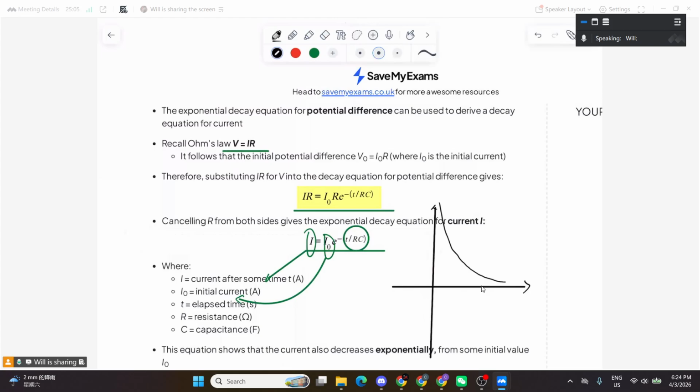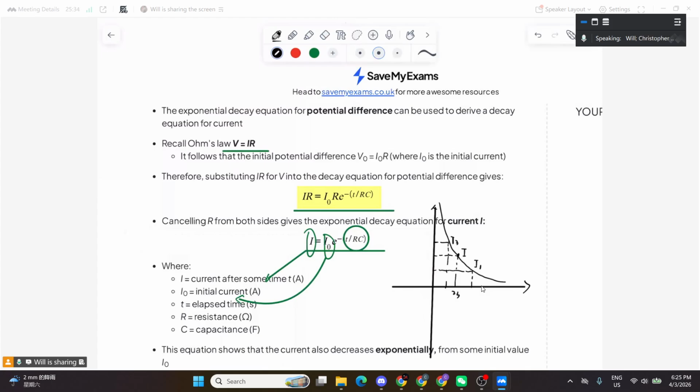If we discharge for 2 seconds, we get the corresponding remaining current. If we discharge for 3 seconds, we get the remaining current I1, I2, I3. Understand that?